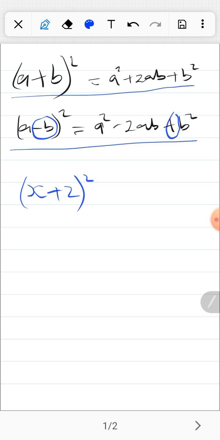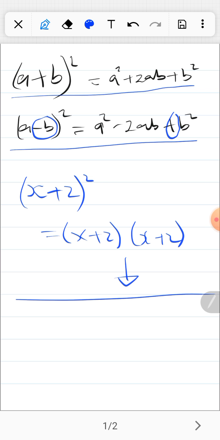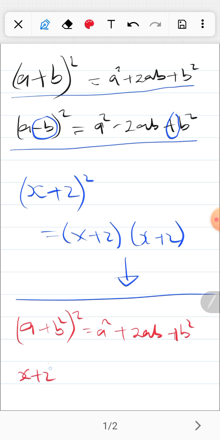The traditional method would be I would have to do x plus 2, then go through all of that work and eventually find the answer. But if I'm using this identity, a plus b squared equals a squared plus 2ab plus b squared, and I want to expand x plus 2, well, what do you see?